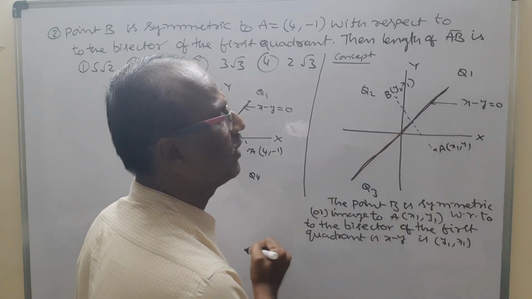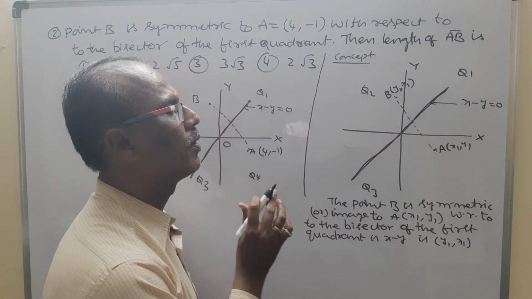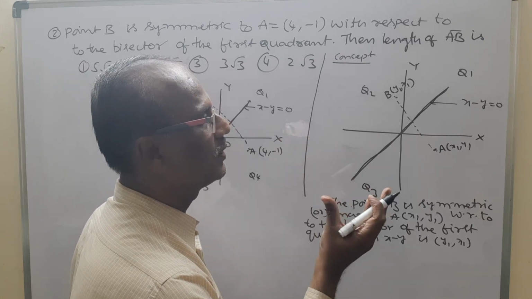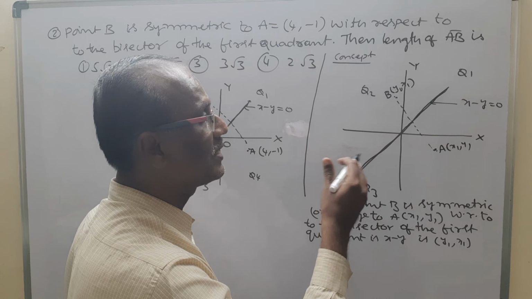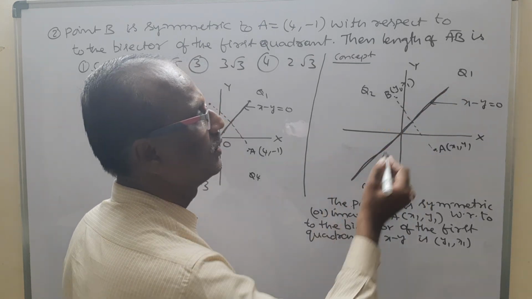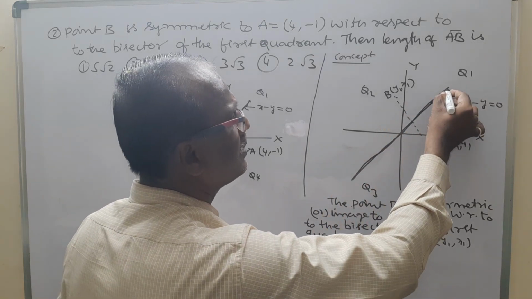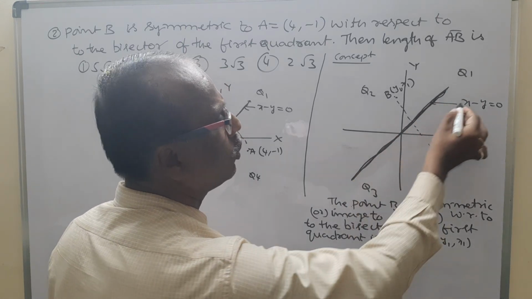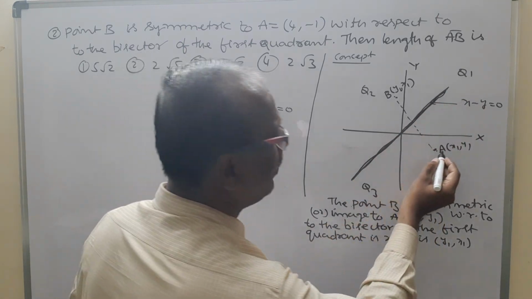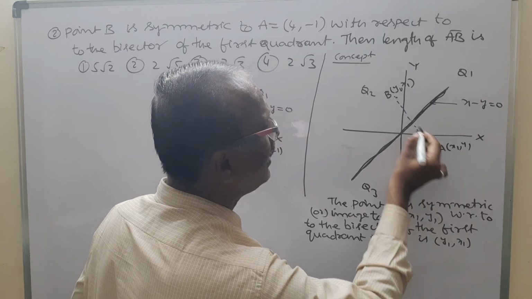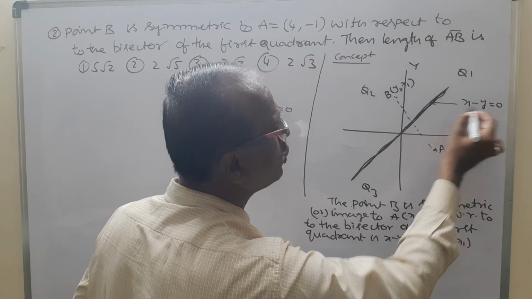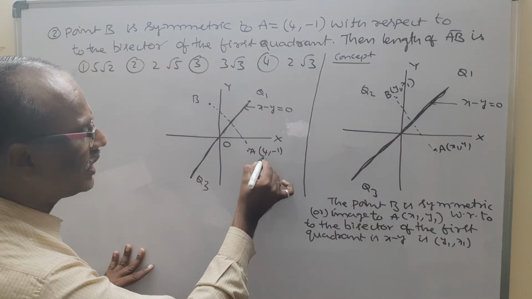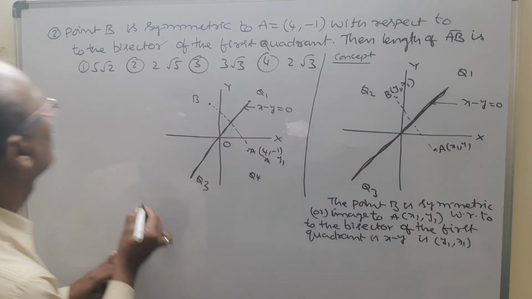One question is there: find the equation of the bisector, that is, the equation of the line making equal angles with the coordinate axes and passing through origin. This is the bisector, the line x minus y equal to 0. Here capital A x1 comma y1, then the image, if the line is x minus y equal to 0, is y1 comma x1.